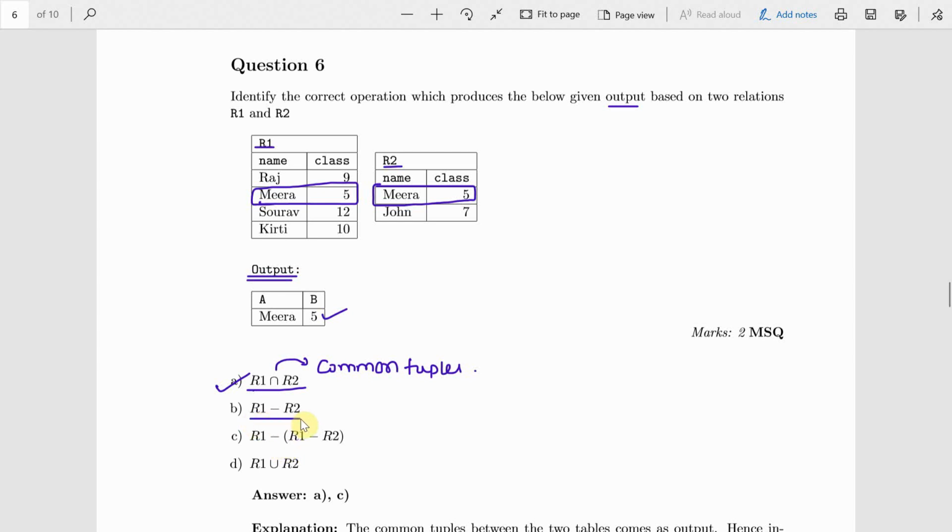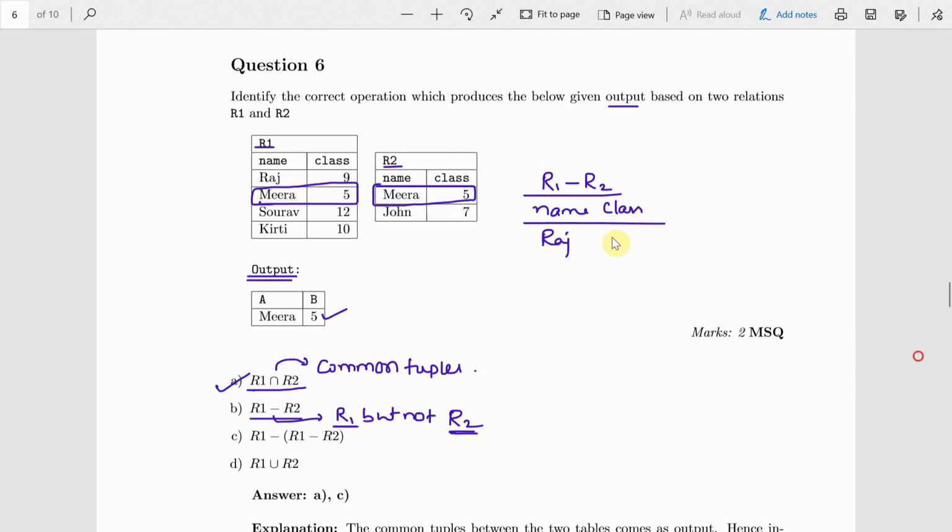Option B, R1 minus R2. Minus is called set difference. It says R1 but not R2, meaning it is there in the R1 table but not in the R2 table. When I perform R1 minus R2, you can see the name, class which are there in R1 but not in R2.